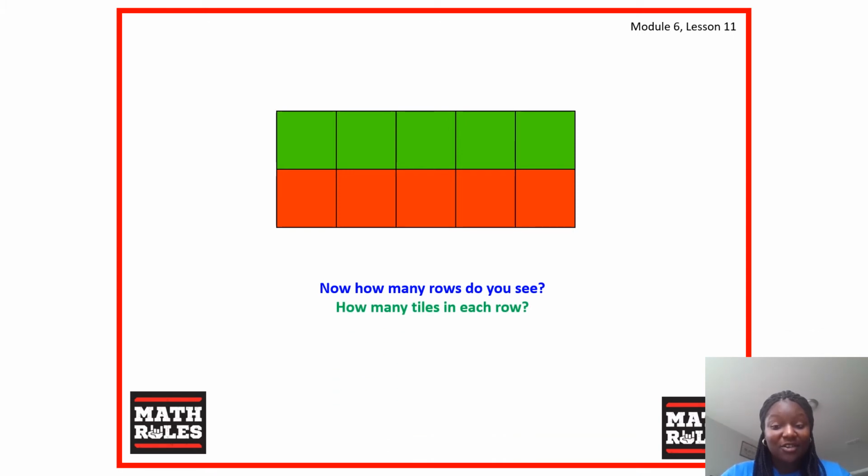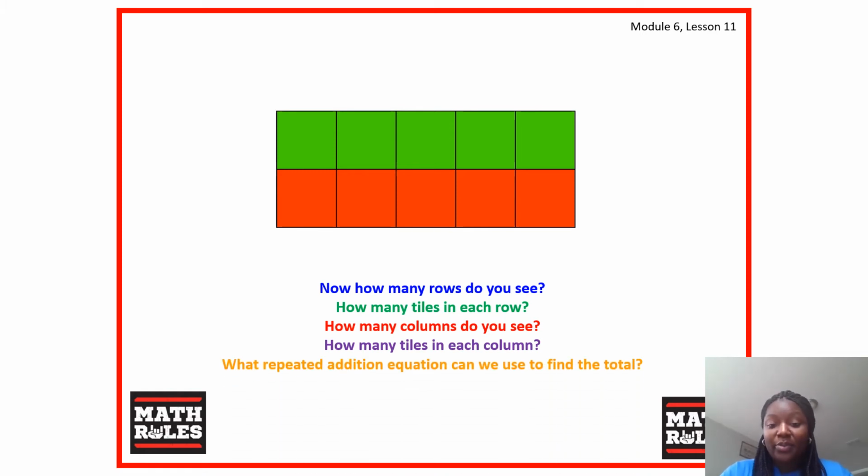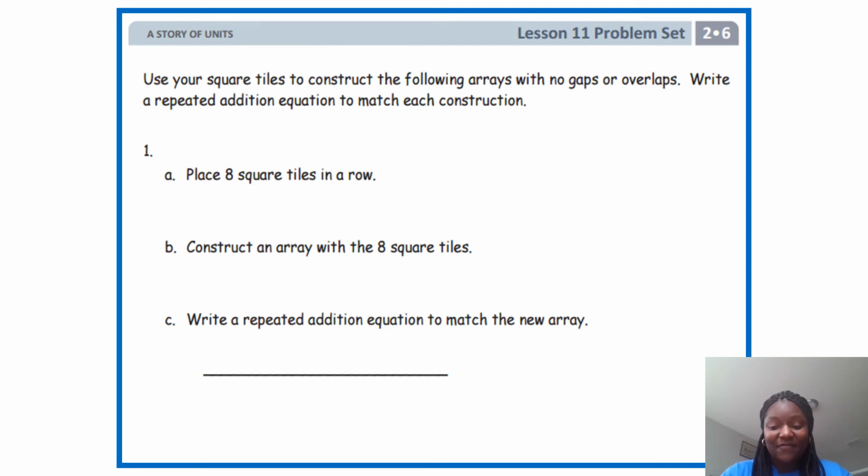How many tiles are in each row? 5. How many columns do you see? 5. How many tiles are in each column? 2. What repeated addition equation can we use to find the total? 5 plus 5 equals 10.